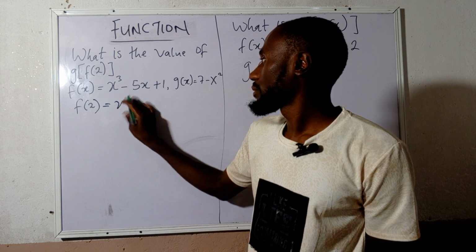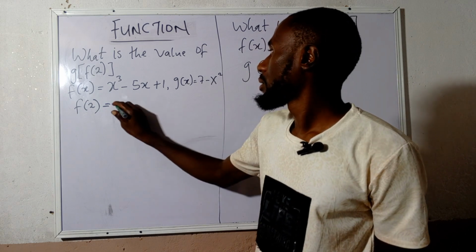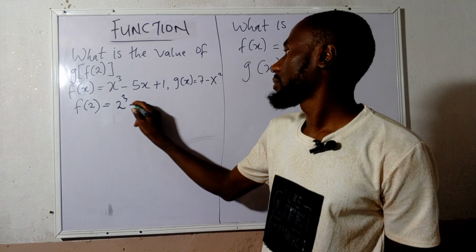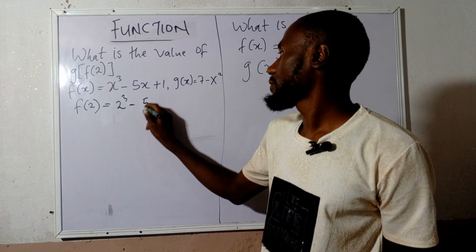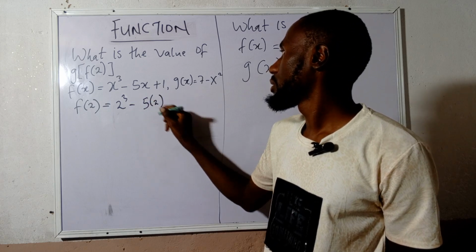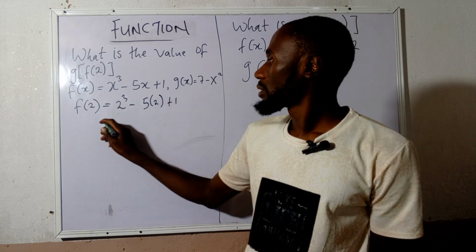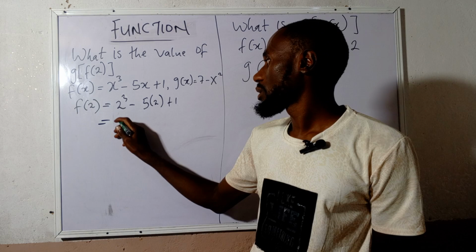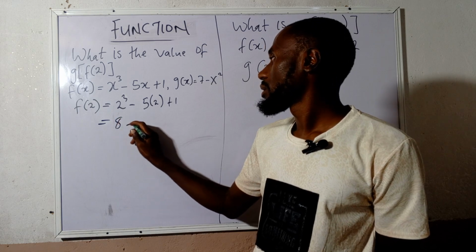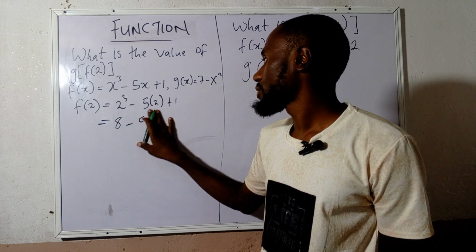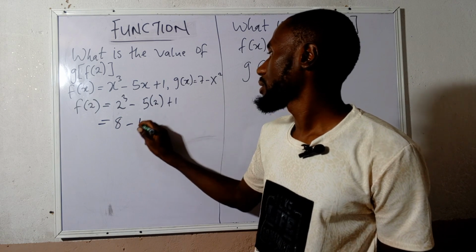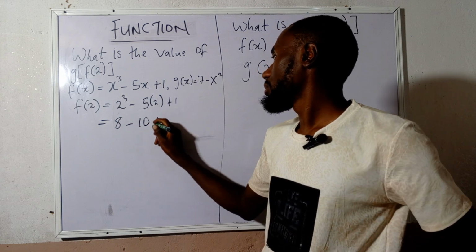Here we have 3 minus 5 times 2 plus 1, which is equal to 8 minus 5 times 2, which is 10, plus 1.